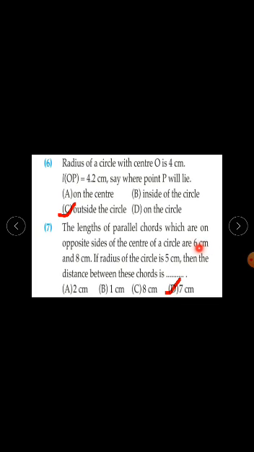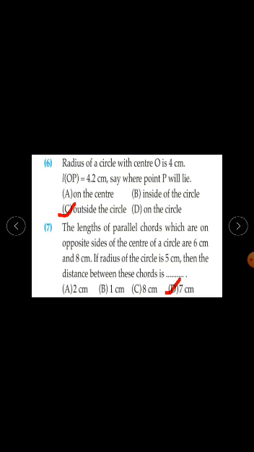Perpendicular drawn from center to the chord bisects the chord. So 5 square is 25 and 3 square is 9. So 25 minus 9 is 16 and square root of 16 is 4. So distance of one chord from the center is 4 centimeter.